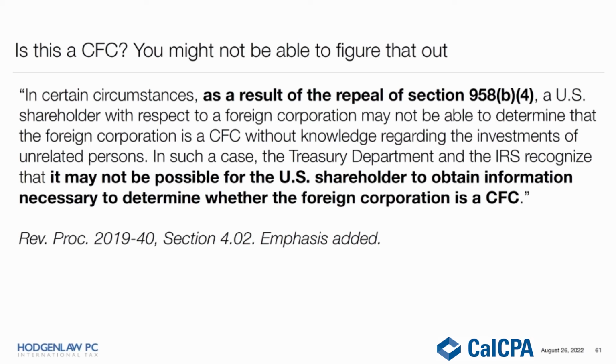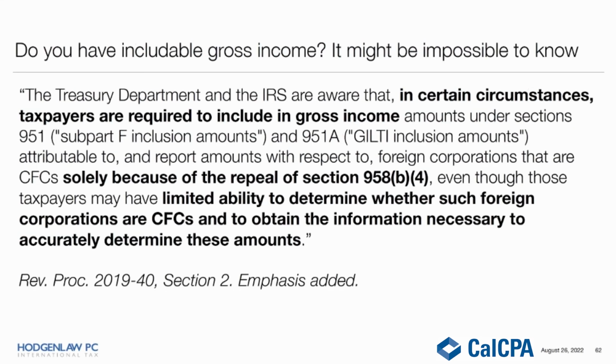So it said, practical realities do matter. And then they highlighted a second practical question, right? If you are a U.S. shareholder in a controlled foreign corporation, then you are going to take into your gross income your pro rata share of subpart F income or global intangible low-taxed income.